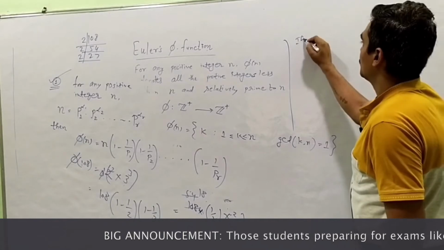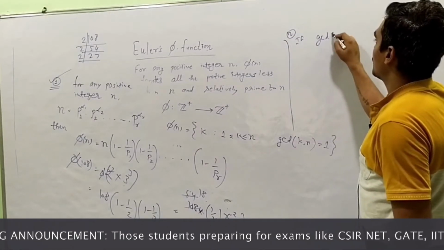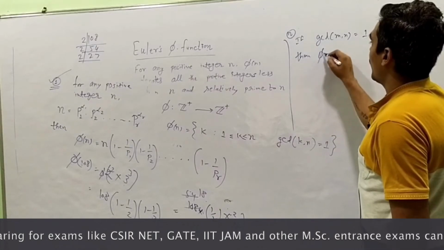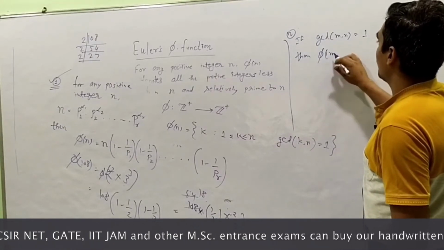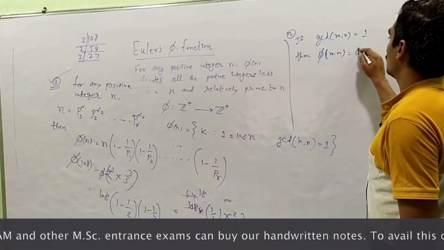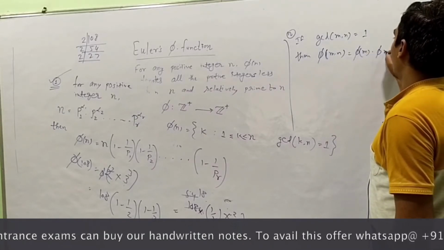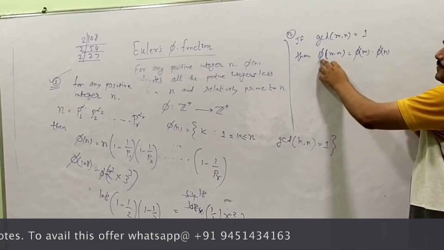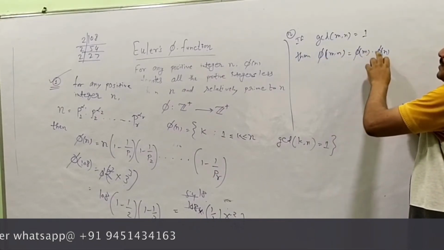Second formula: if GCD of m and n is 1, then phi of mn is equal to phi m into phi n.